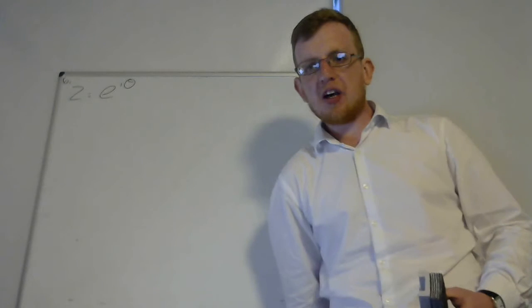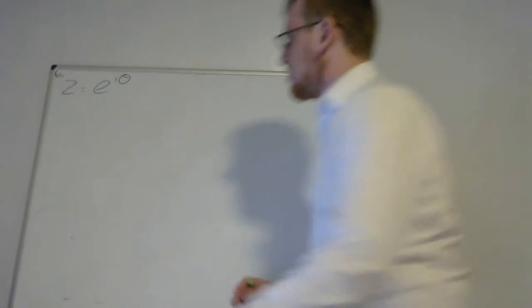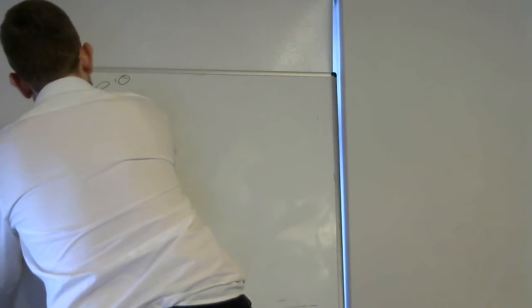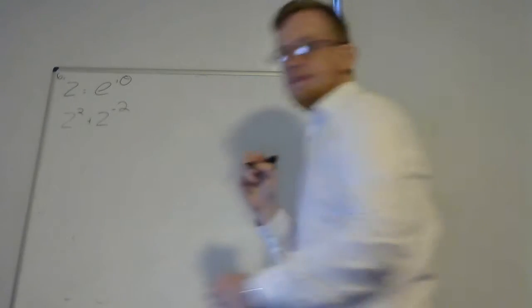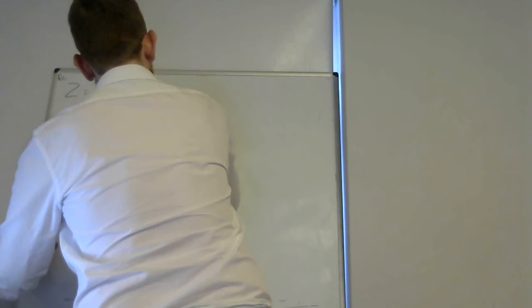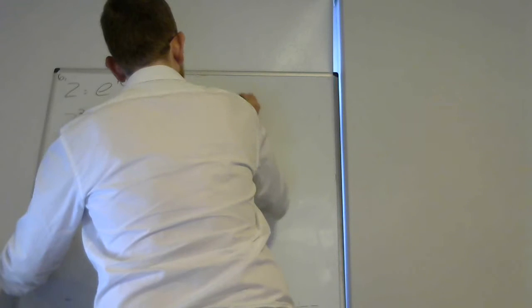Right. Next question is z squared plus 1 over z squared. And again, we can't do anything with 1 over e to the i theta squared, so we're going to bring that power up to the top. So z squared plus z to the minus 2, and that equals e to the 2i theta plus e to the minus 2i theta.